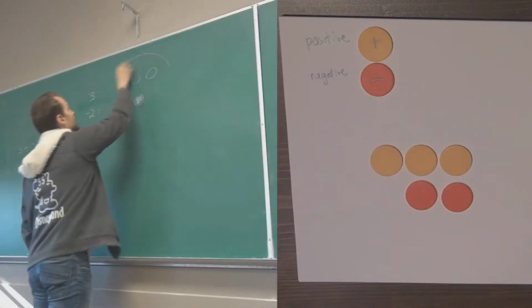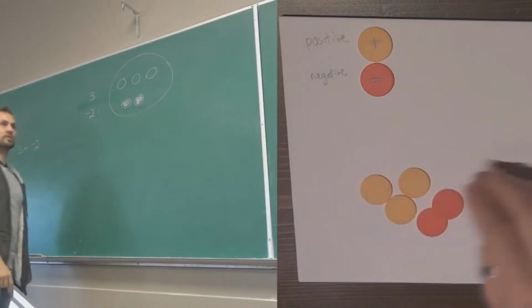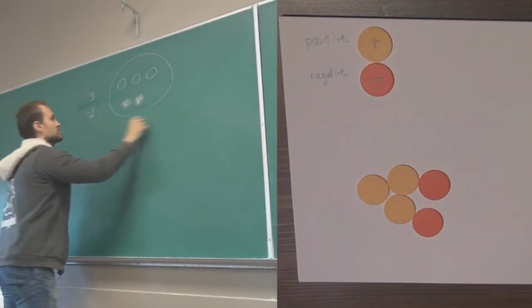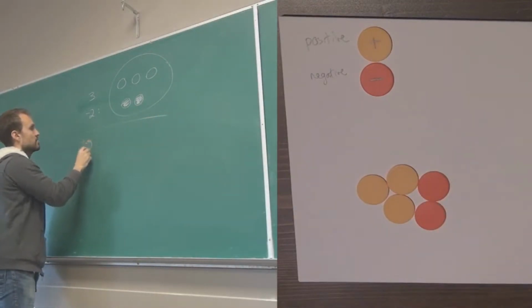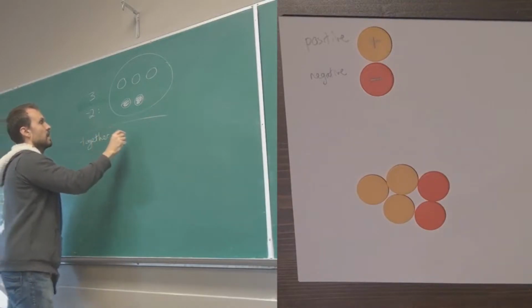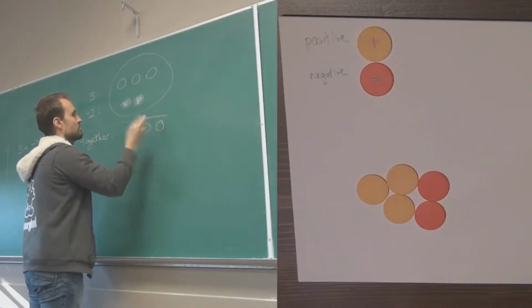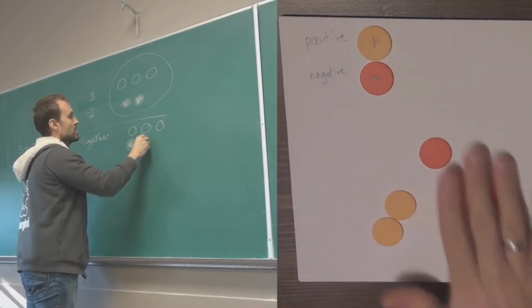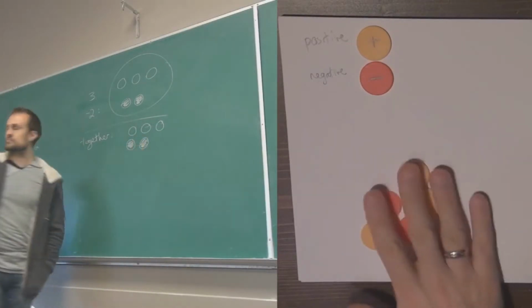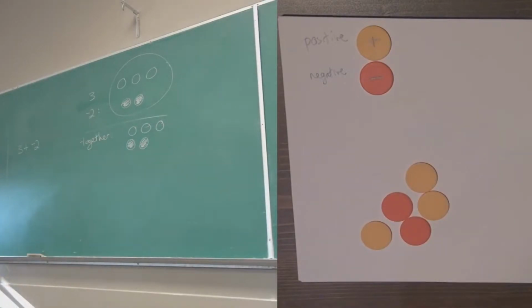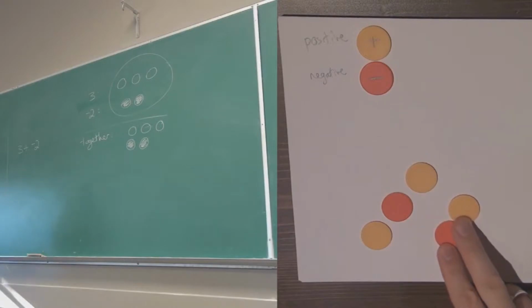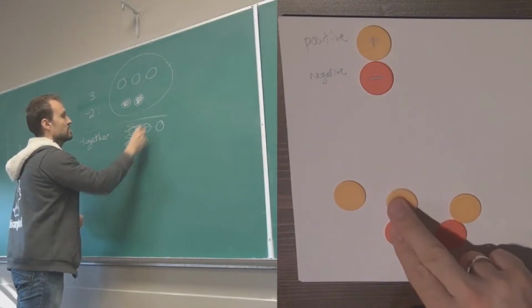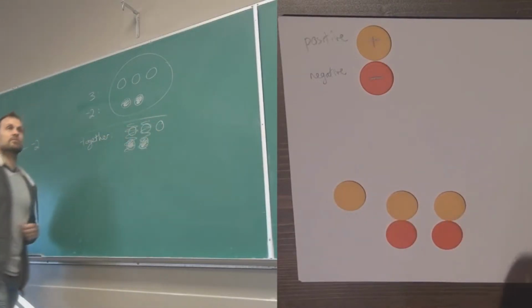And I'm putting them all together. So together, I have 1, 2, 3 positive tokens, and I'll just line them up here, a negative token and another negative token. The only key here is that if I have 1 positive and 1 negative token, they cancel each other, and I have only 1 left.